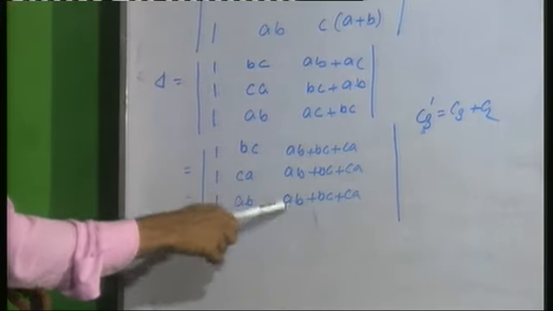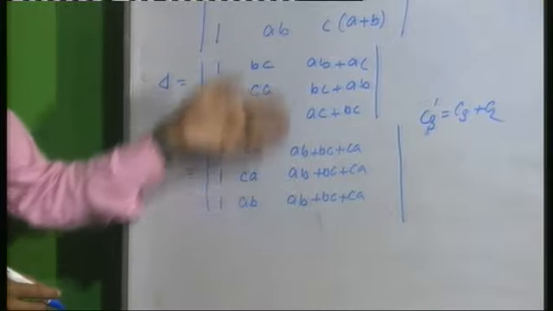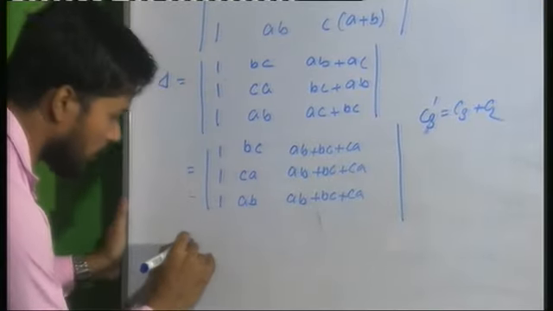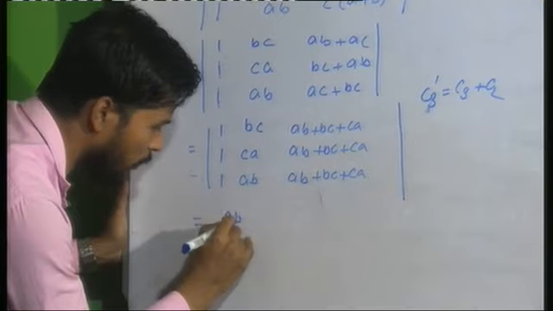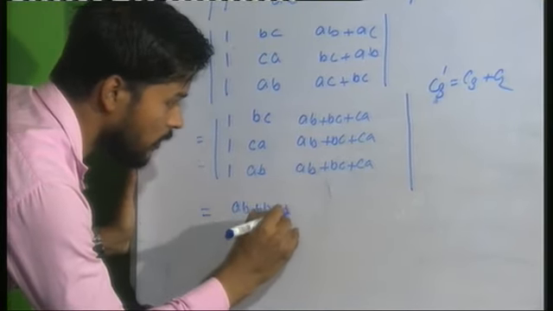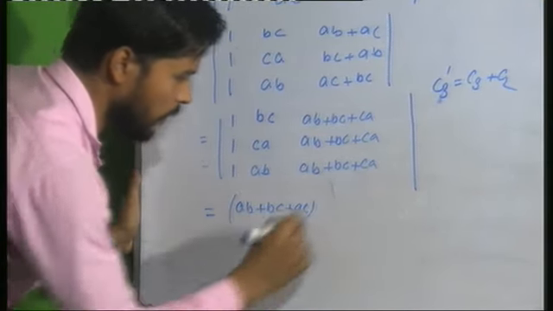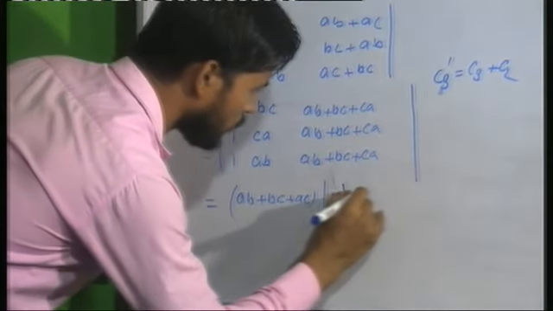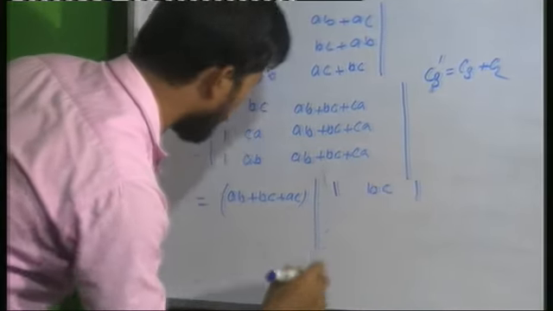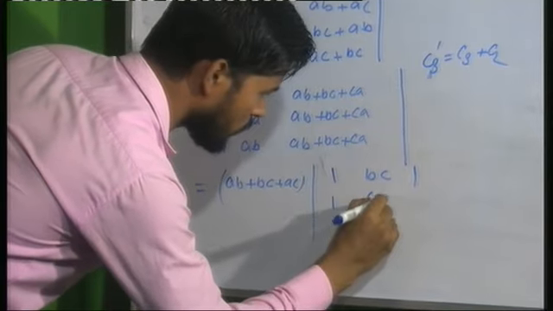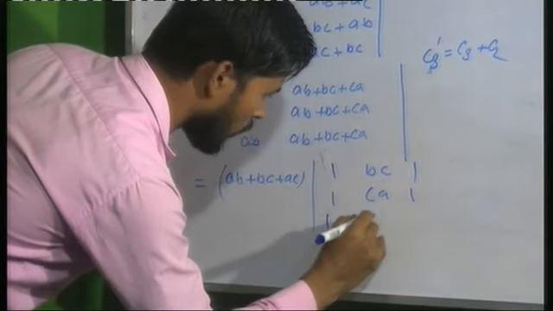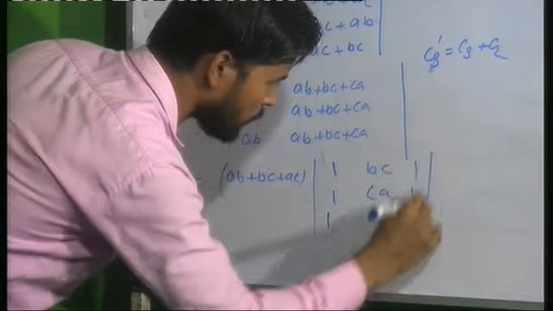Now ab plus bc plus ca is a common element of the third column, so we can take it common. Taking ab plus bc plus ca common, it will be 1, bc, 1; 1, ca, 1; 1, ab, 1.